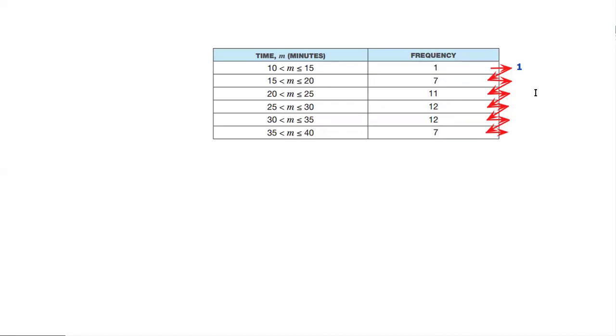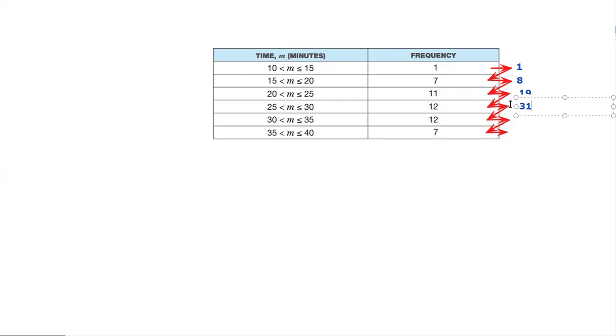And then 1 plus 7 will be 8. Then 8 plus 11 will be 19. Then 19 plus 12 will be 31. Focus on getting the right numbers because a slight change in the numbers might change the answer.